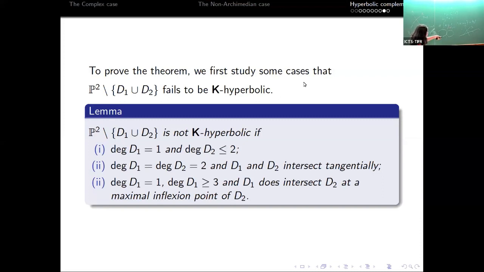And the third case is one is a line and the other has degree bigger than or equal to 3. So we have a curve and a line, and here we can take the tangent here, so the image of F is this one. Of course, these are only pictures you can imagine, and we prove it by formula.